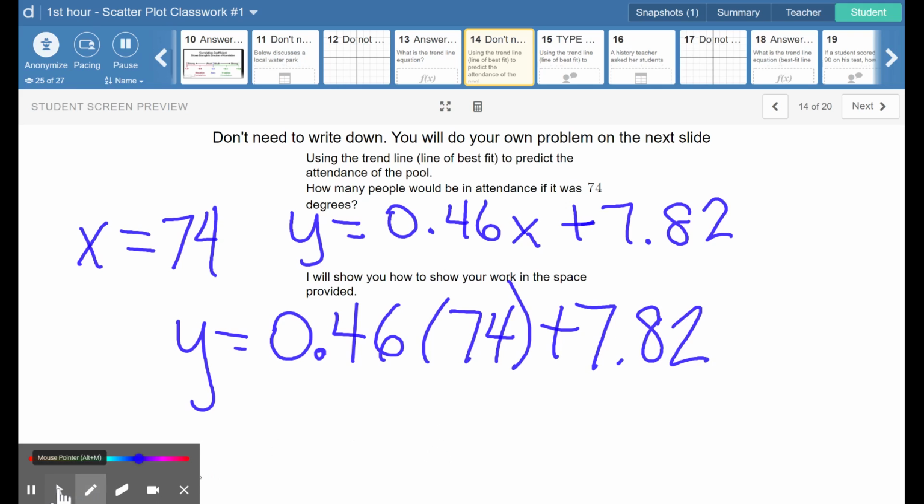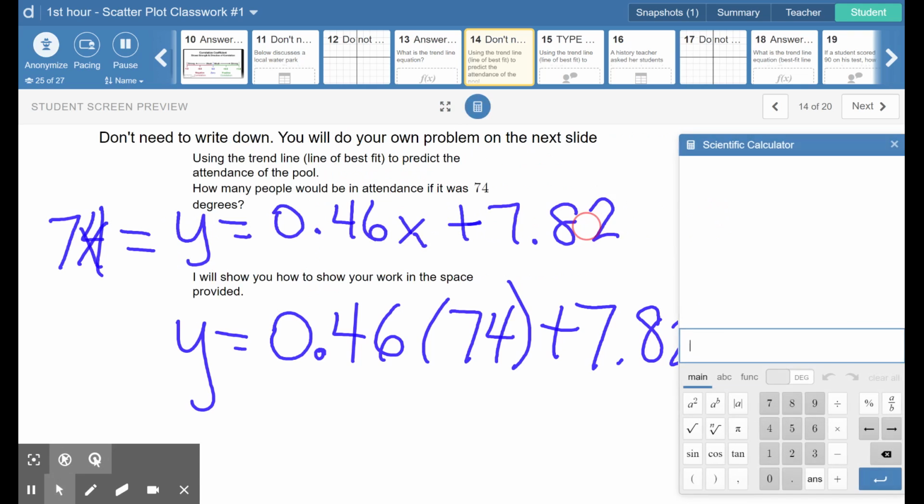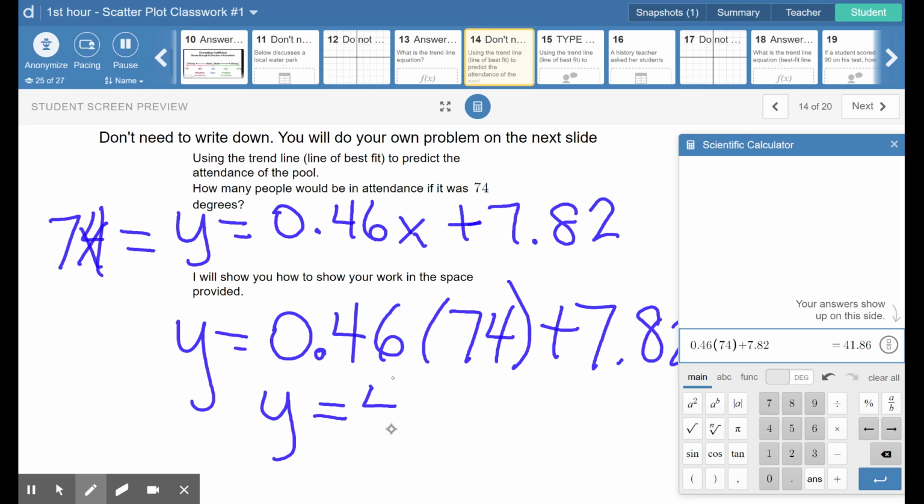Now I even have a calculator built into this question. So 0.46. Use parentheses to show multiplying. And then you're going to get the answer of y equals 41.86.